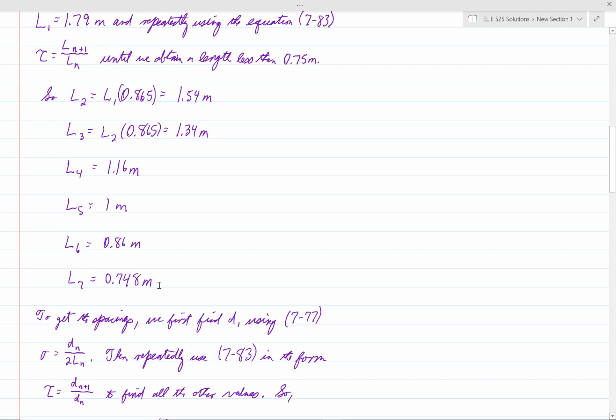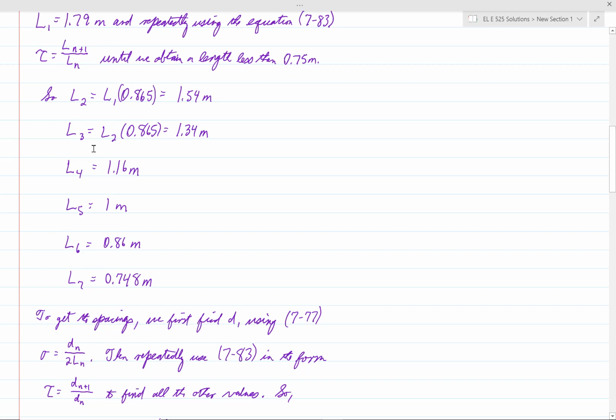So that is the first time that we will achieve a value that is less than 0.75 meters. So that will be our stopping point. We will take that to be our final L.